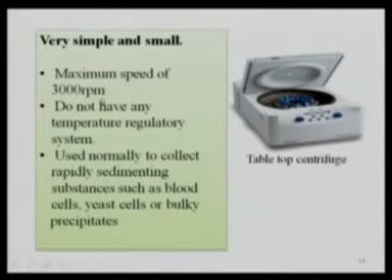Certain properties of this tabletop model: the speed is 3000 rpm and there is no regulator of temperature, and this is normally used to separate your blood cells and yeast cells and other bulky precipitates present in a solution. That means this is a very basic model of centrifugation which is there in our laboratories from your graduation and as well as in your clinical laboratories especially.